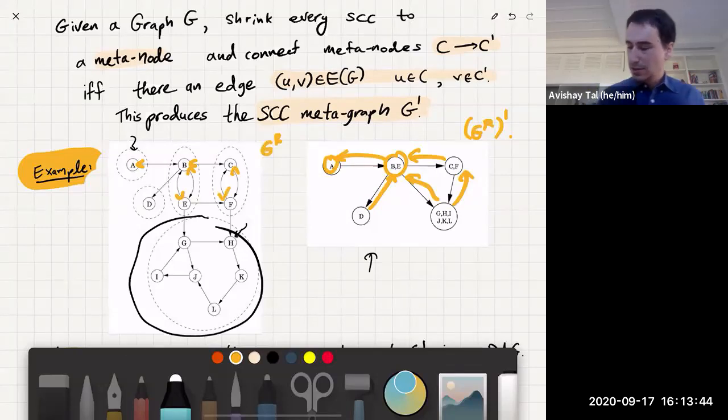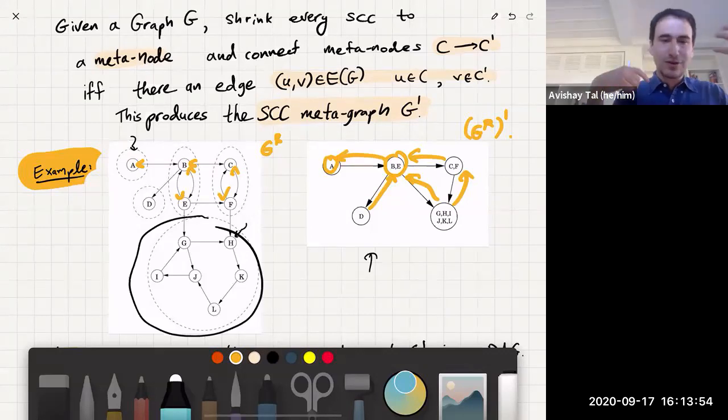Okay, so if we can find a source, or actually a strongly connected component source, in the reverse graph, then we found a strongly connected component sink in the original graph, right?